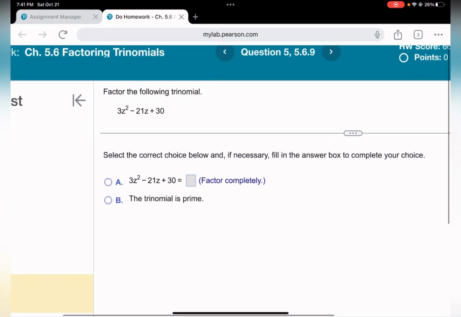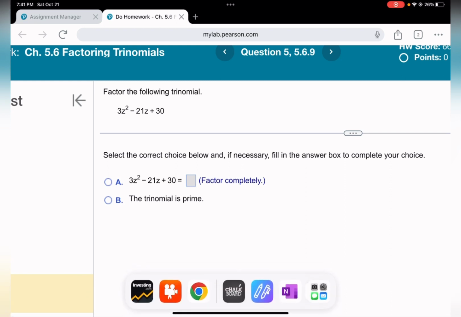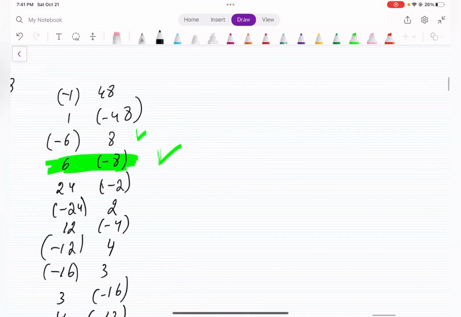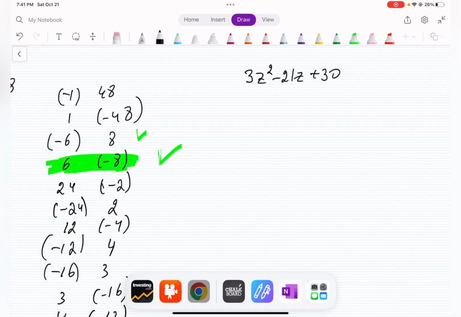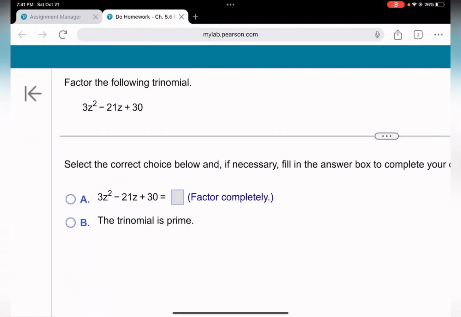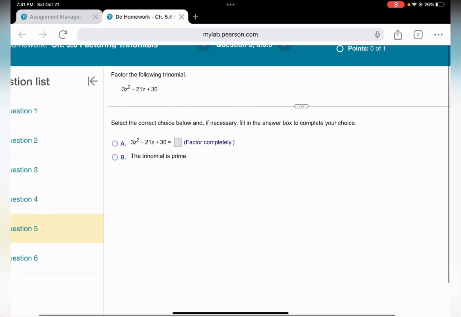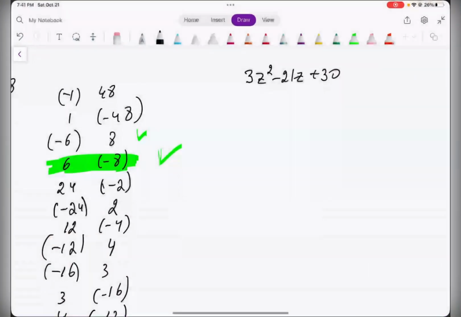And we have here what? 3z squared minus 21z plus 30. Let me double check. Plus 30, yeah, I was hesitating, plus 30 or minus 30, okay.